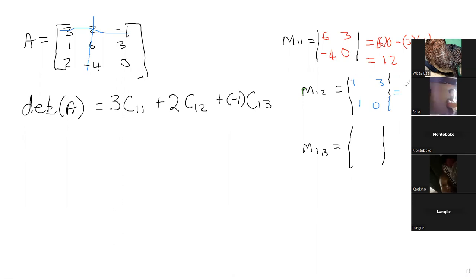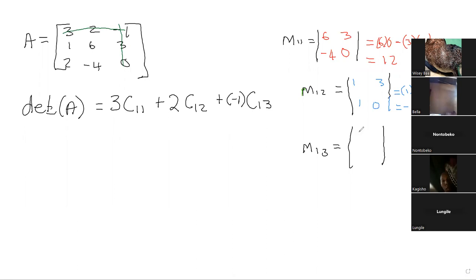Just multiply this 0 minus 3 by 1, which will be minus 3, right? And then now let's try 1, 3.